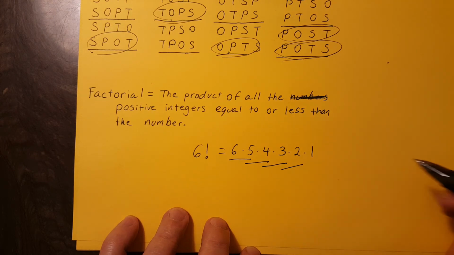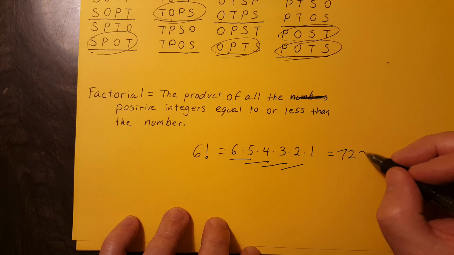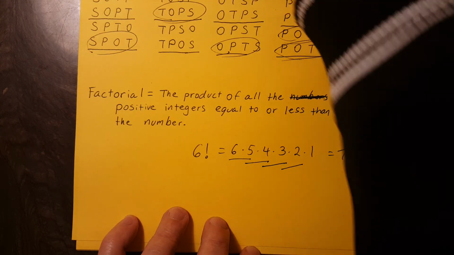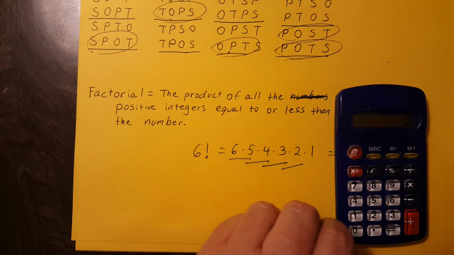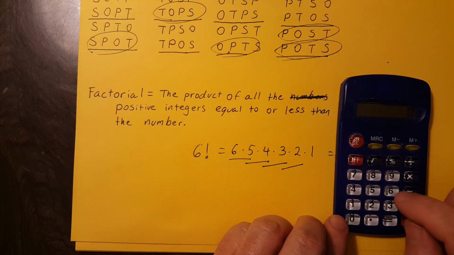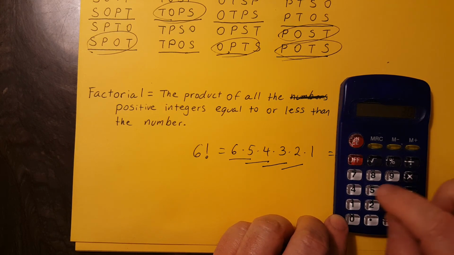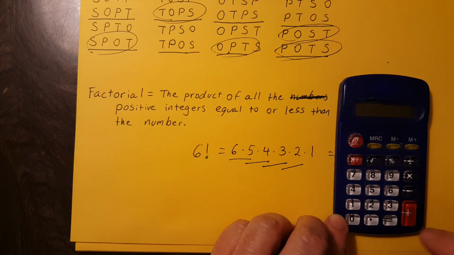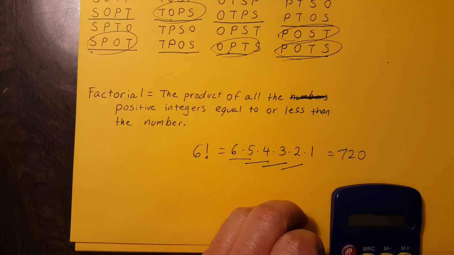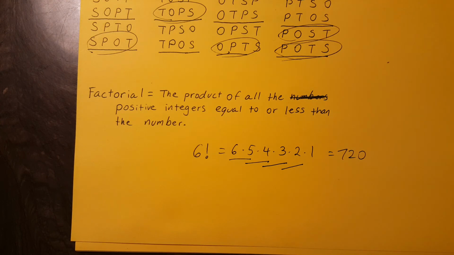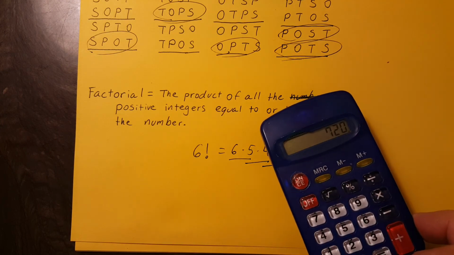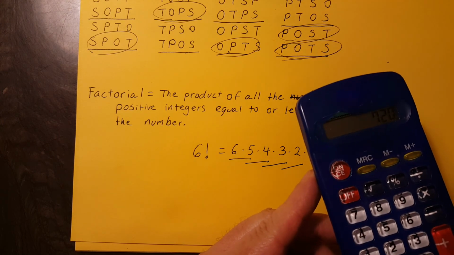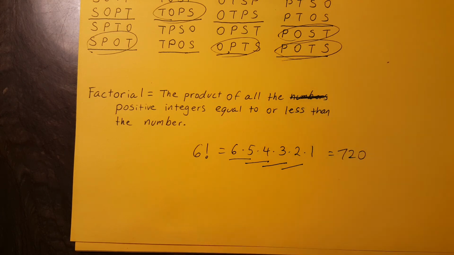Times 2 is 720. But I recommend you give your calculator a workout and just put in 6 times 5 times 4 times 3 times 2 times 1. And you get 720. You probably can't see that. Oh, there you go. Saw it there for a second.